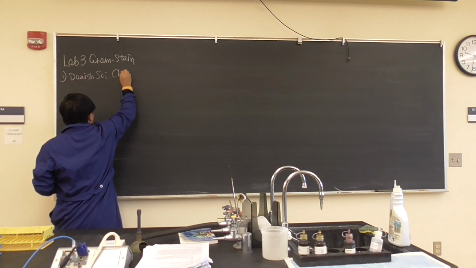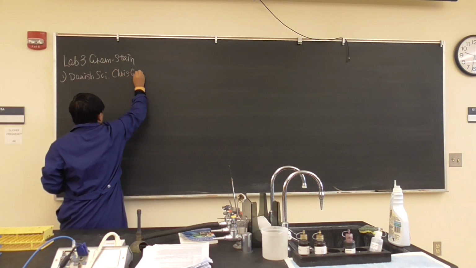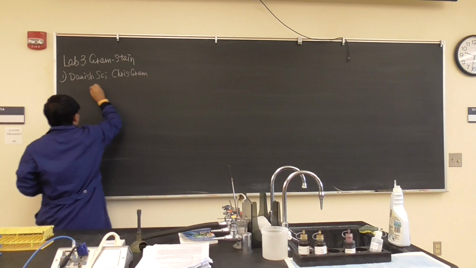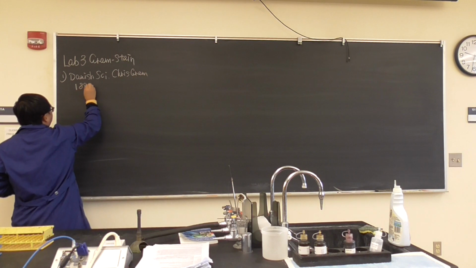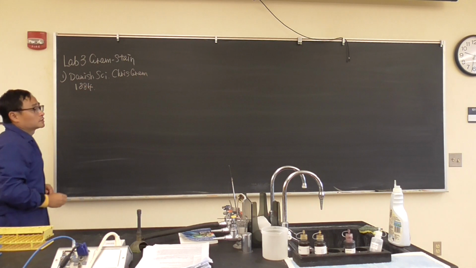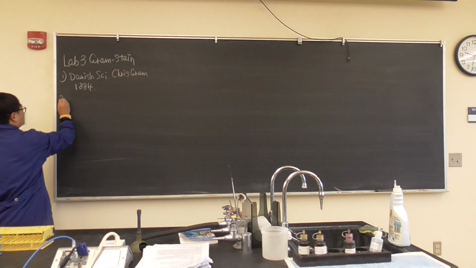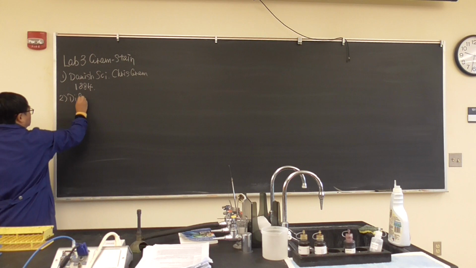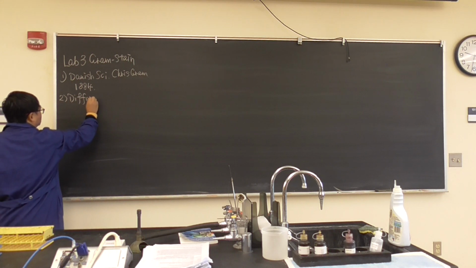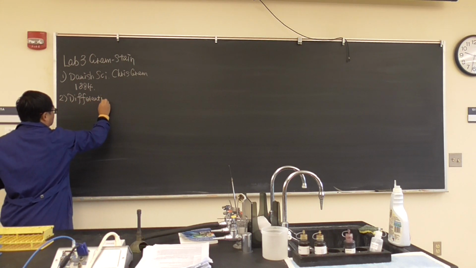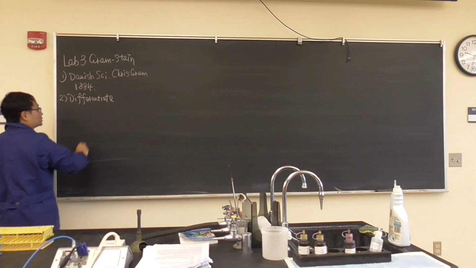First of all, the gram stain was developed by Danish scientist Christian Gram, I believe in 1884 in Berlin. It is a very magic tool to differentiate bacteria into two groups.